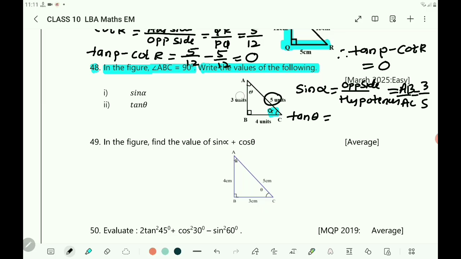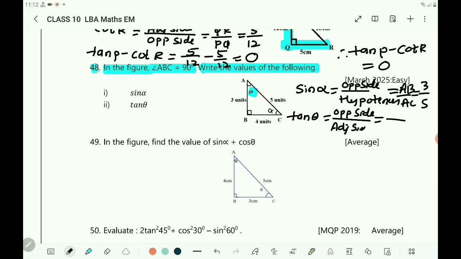Tan is opposite side by adjacent side. Here theta is here, opposite side is BC, that is 4 units, and adjacent side is AB, that is 3 units. BC by AB, that is opposite side by adjacent side.